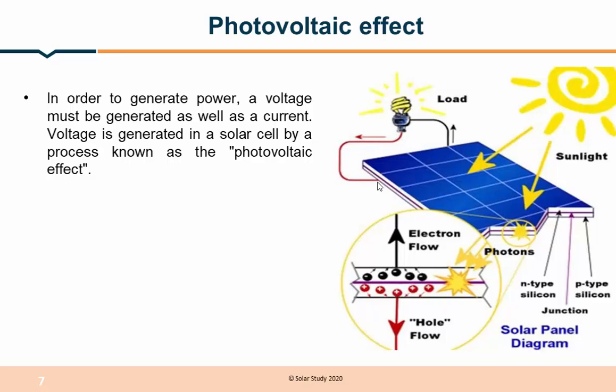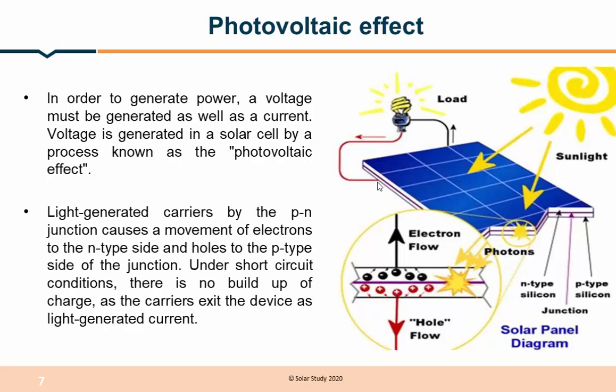It is nothing but the potential difference between the P terminal and N terminal. So in order to generate power, a voltage must be generated from the solar cell, in the form of current and voltage, generated by the solar cell because of incident sunlight. This is called the photovoltaic effect.